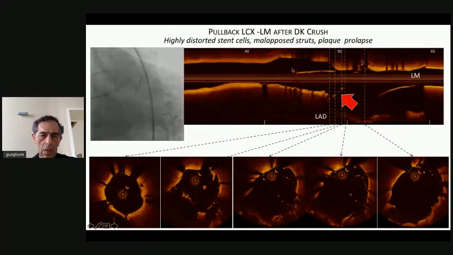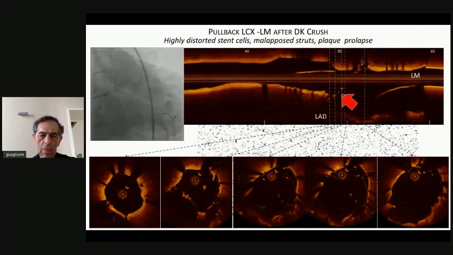Of course, when you are going toward the more complex dual stent implantation, like the DK crush, you need to judge the results. This is a case with nice angiographic results, but with a horrible protruding carina and stent distortion at the level of the bifurcation.